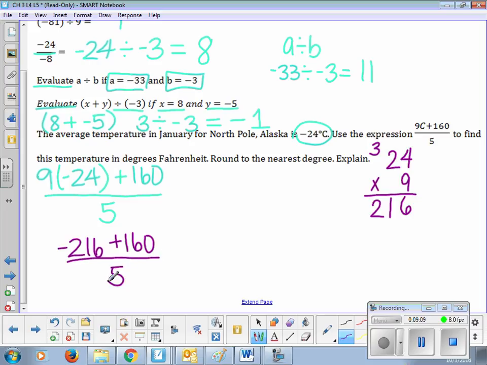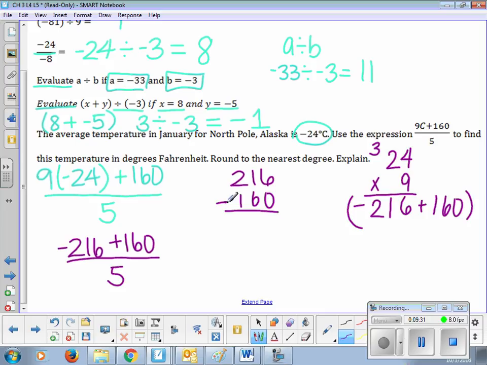So our next step is going to be to add negative 216 plus 160. If you look at those two values, when we're adding, do we have the same signs or different signs? Different signs, which means we're actually going to subtract. So we're going to do 216 minus 160.